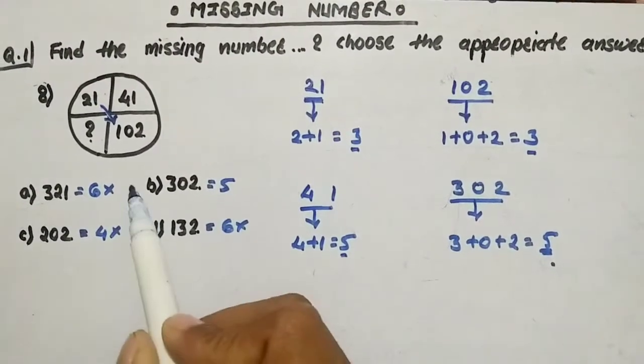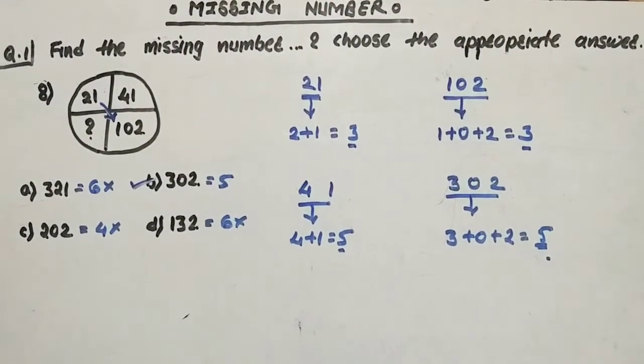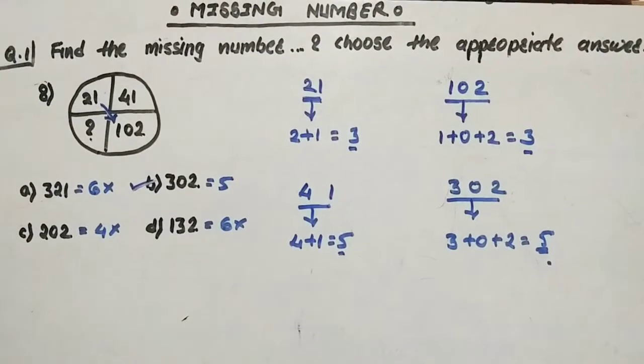That's why option B is the correct answer, and all other options are eliminated.